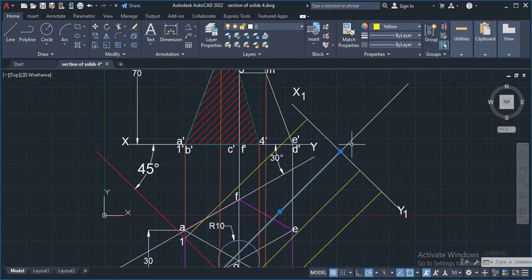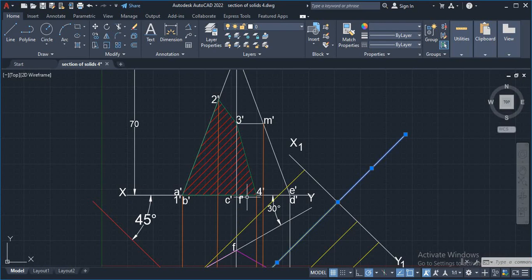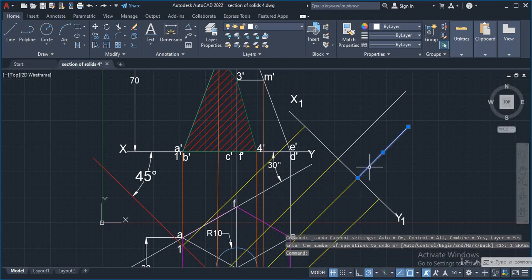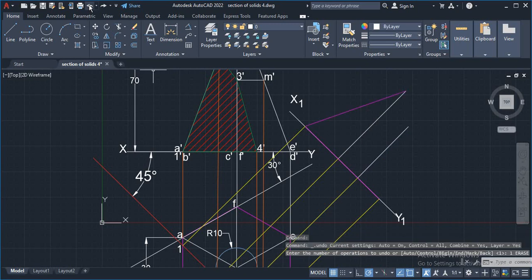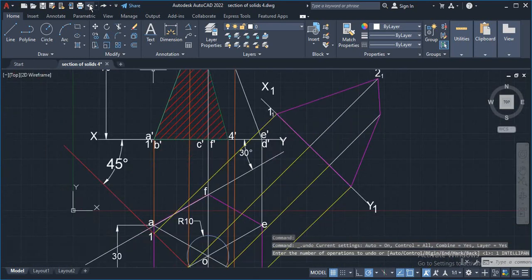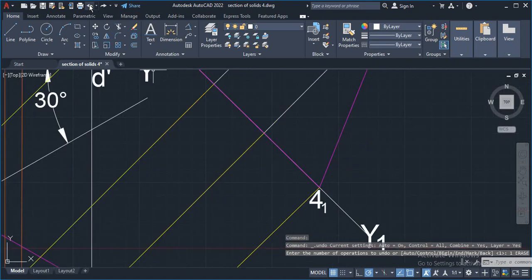Similarly, measure the distance from the XY line to 3 dash. That is the distance. Now you can extend this line and you can get the point. Now you can mark the shape, the points 1 1, 2 1, 3 1, 4 1.